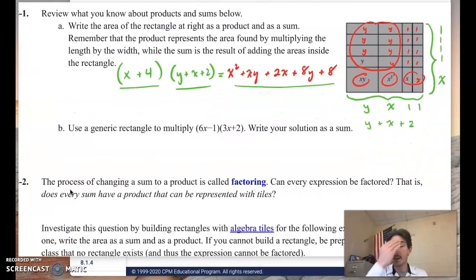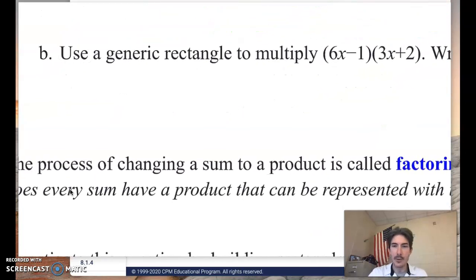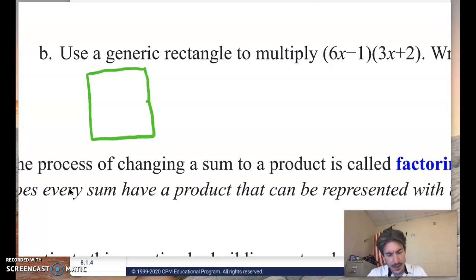The other thing that we're going to go ahead and do real quick, because it's going to advance our progress moving forward, is we're going to remind everyone what it's like to use a generic rectangle to actually do some multiplication and then write the solution as a sum. So I've got a product of 2 binomials here, 6x minus 1, and then 3x plus 2. And I'll go ahead and write this as a 2 by 2 generic rectangle.